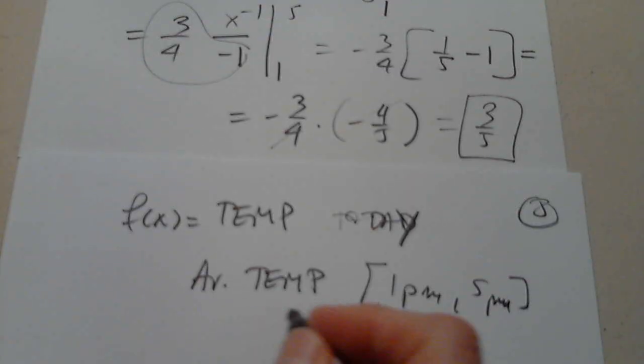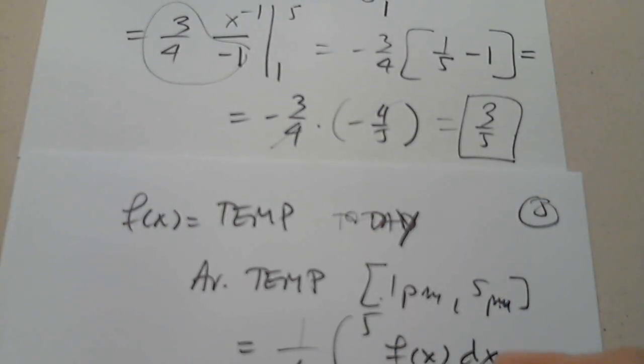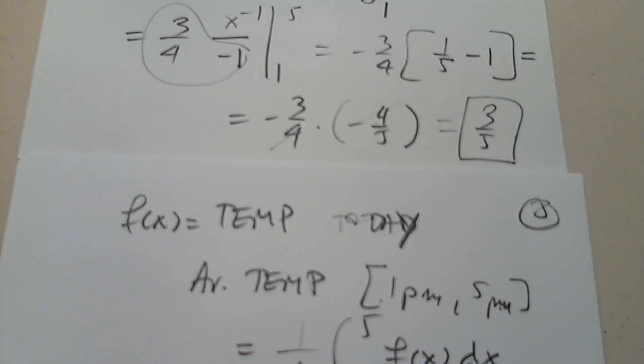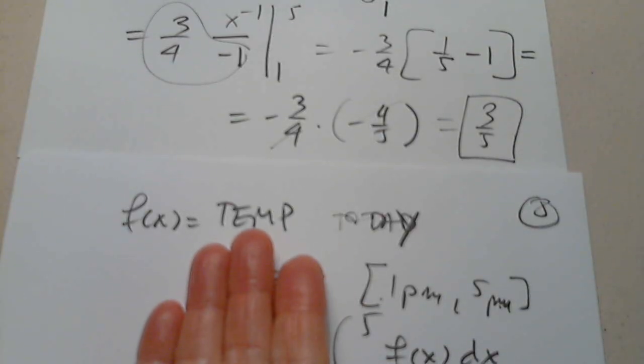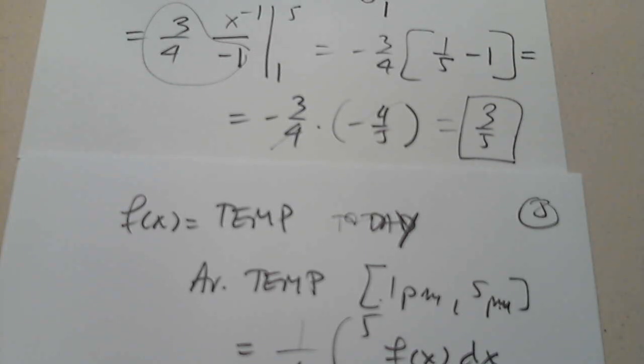I will find 1 over 5 minus 1, the integral from 1 to 5 of f of x dx, and I will give you the average temperature that we had today, but you have to give me the function. If you give me the temperature function, and you say find the average of the temperature that was today between 1 and 5, I will give it to you. I put a ratio of 1/4 in front, then the definite integral from 1 to 5 of the function you give me, and I'll tell you what the average temperature was between 1 and 5 today, as an example.